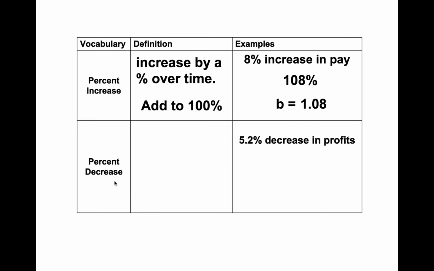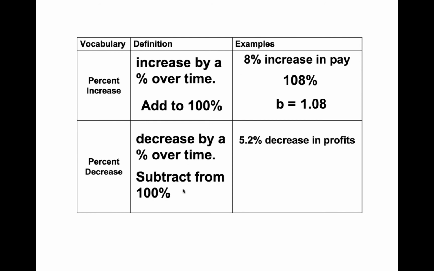All right, so percent decrease is when you're decreasing by a percent over time. If you all of a sudden aren't working very well and I want to pay you less, you again don't want me to pay you 8% of what you're making. That would really not be fair. But if I was to deduct this from what you're making, it would make sense to subtract from 100% of what you're making.